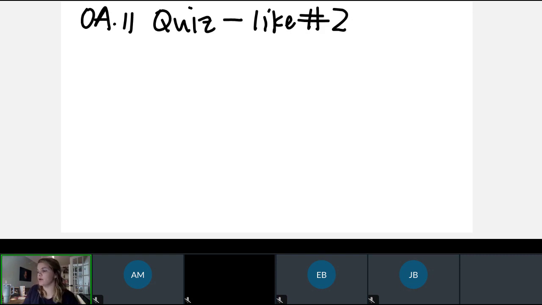Even if you don't have a question over this, or this is not what you're currently working on, I want you to write down this work, so that if you get to this question on the quiz, or later you're like, oh shoot, I don't know how to do this, you can come back and look at this one. Okay, and then Jonathan, I will do yours in just a second.